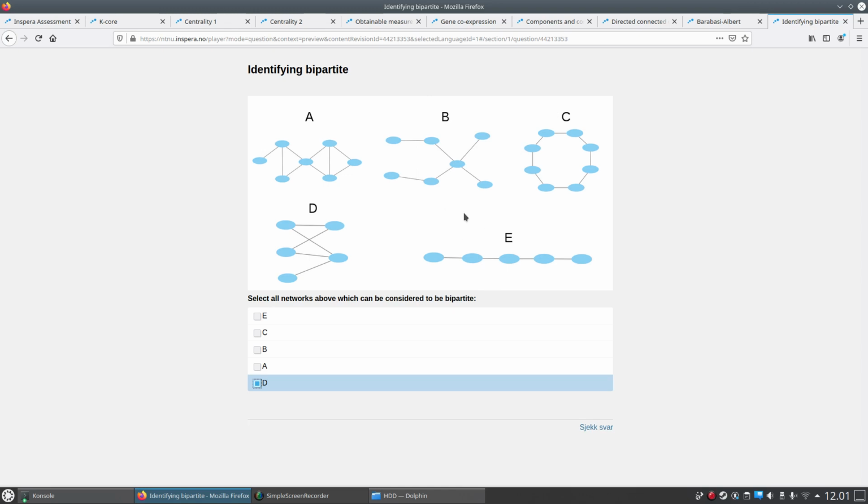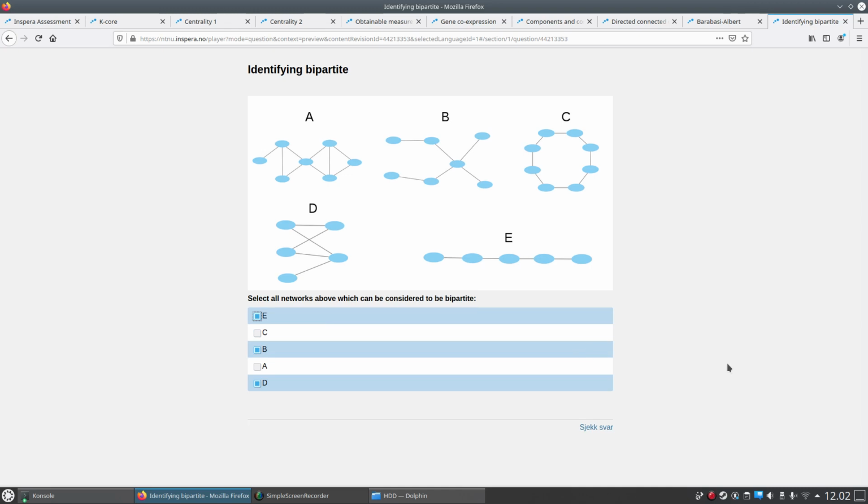And since there are no cycles outside the trivial back and forth, B and E are strictly speaking bipartite. You could rearrange these networks so that they form two neatly divided groups like in D, with connections only between the groups, because there are no odd length cycles, trivially. So B and E, similarly.